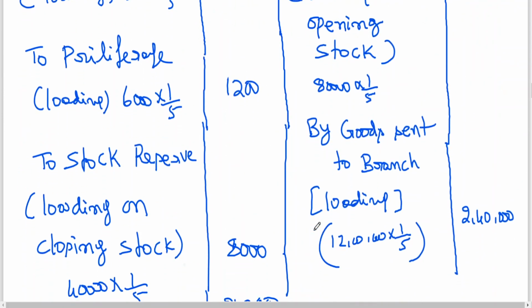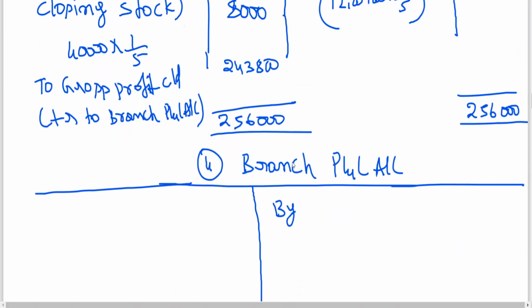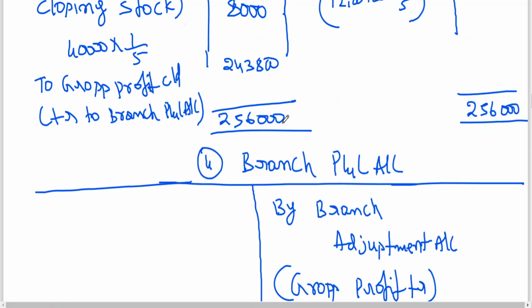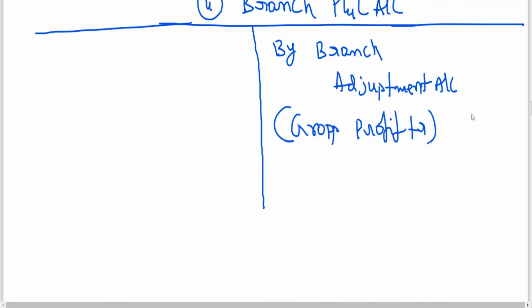Branch adjustment account, the gross profit carried on, that is transferred to which account? Branch P&L account. So by branch adjustment account, gross profit transferred 2,43,800.